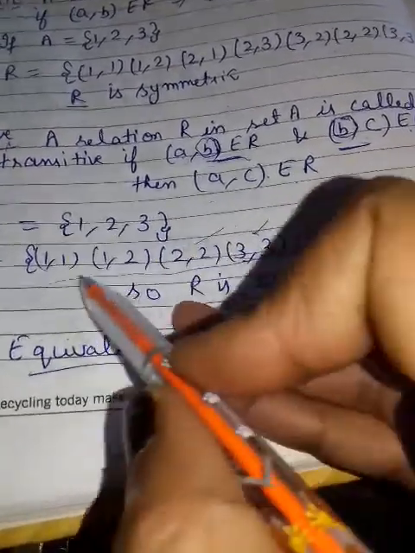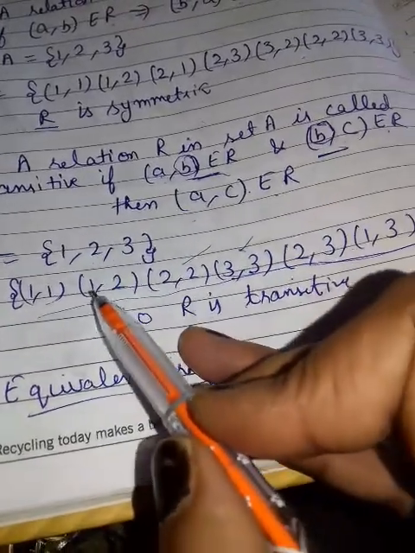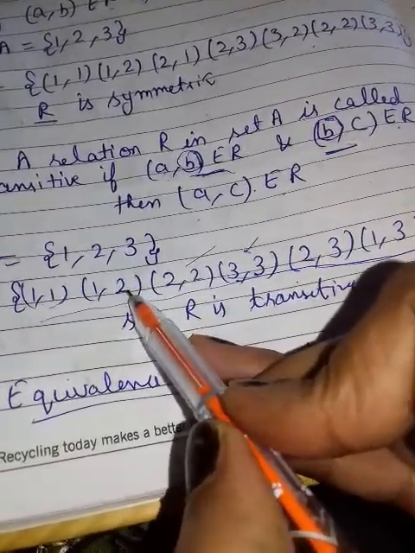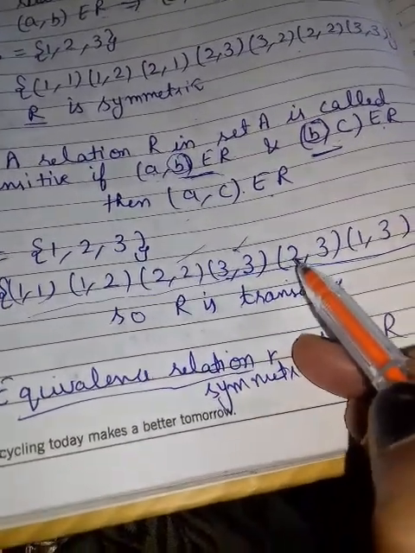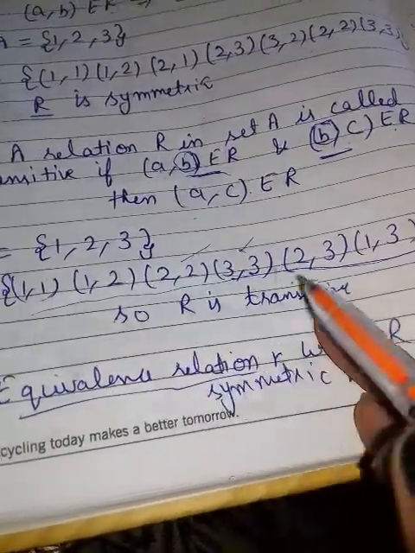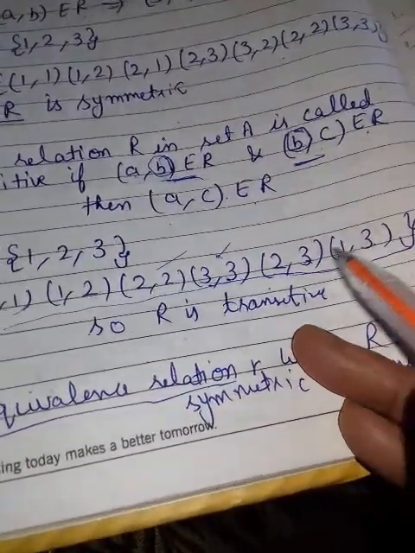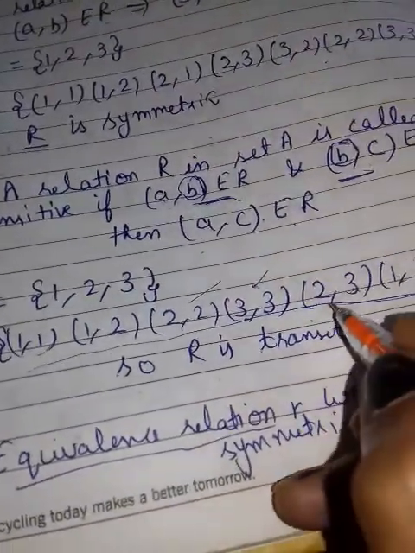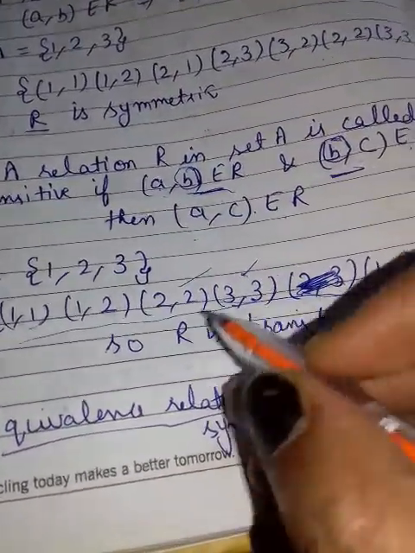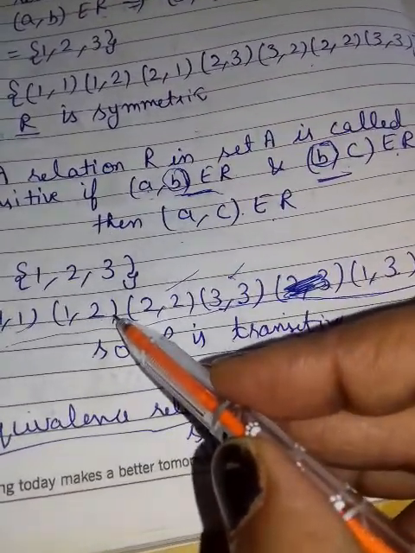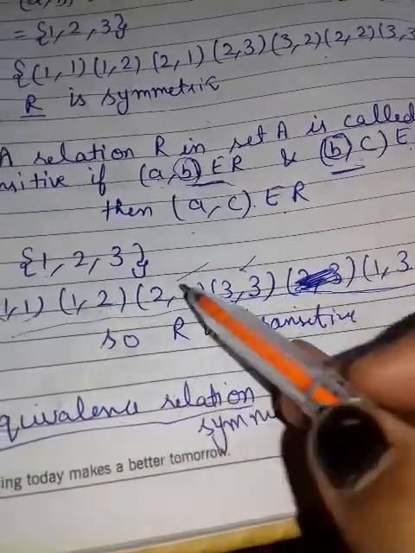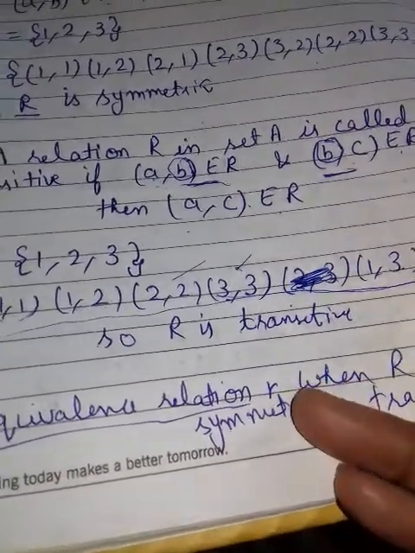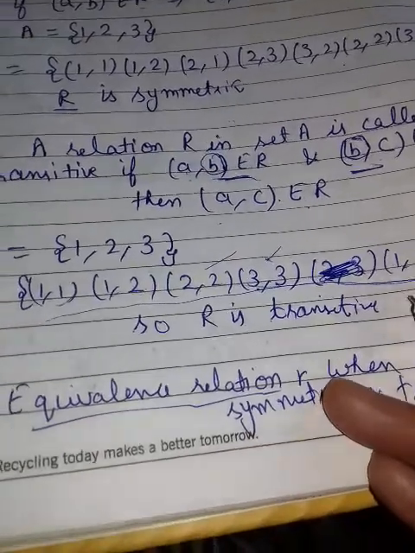It doesn't matter to us because every element has the same image. This is your a, b, this is your b. b is repeating here, yes. Then (b, c), so (1,3), and (a, c) is there. If I say that this element is not here, suppose, then (a, b), then (b, c), and (a, c) is there. Clear? Everybody knows now.